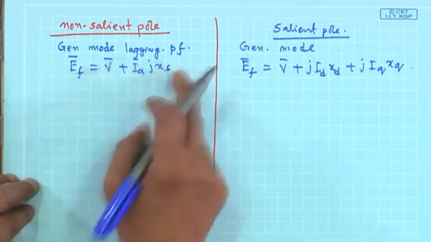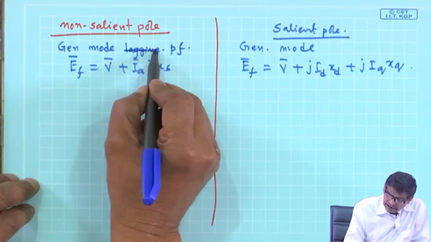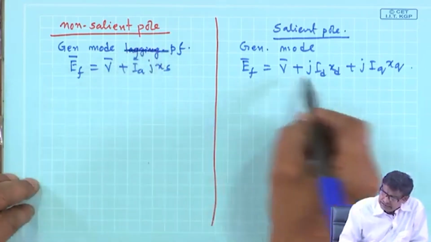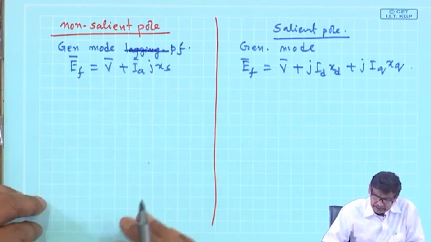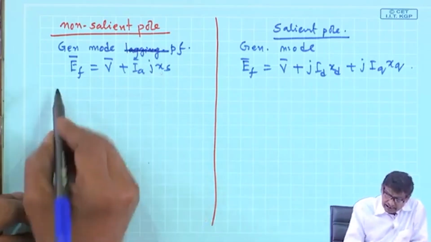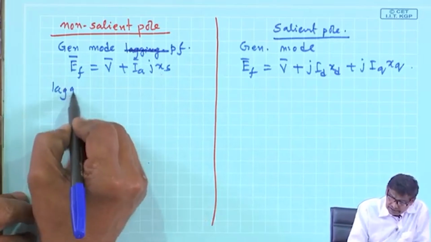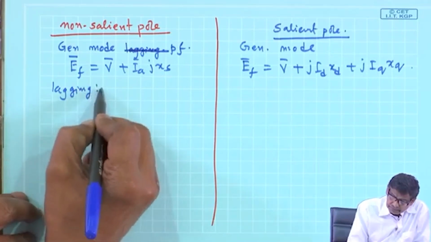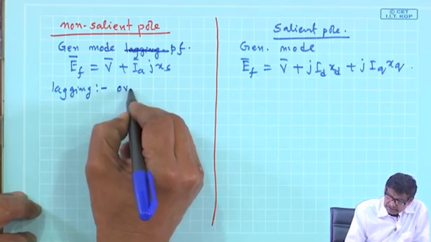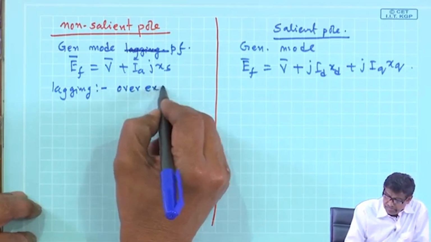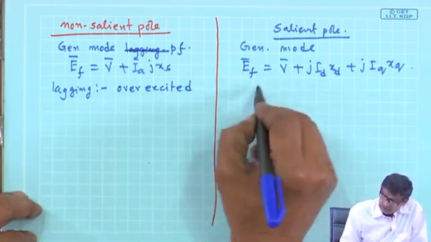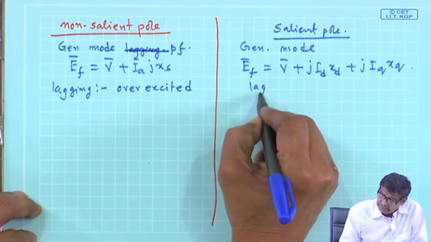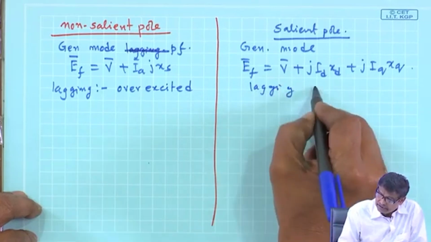So, in generator mode, whether lagging or leading, these equations are correct all the time. Only thing is, if it is lagging, then I will say the generator is over excited, here also lagging, over excited.